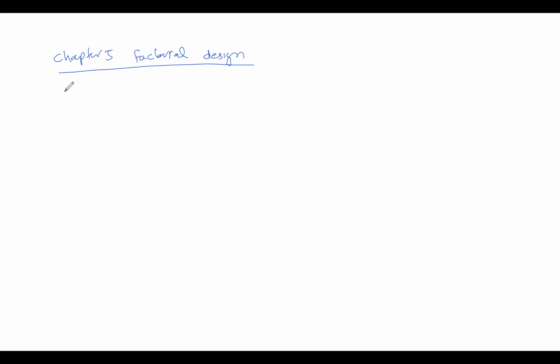For example, if we have 2 treatment factors, let's say one is A and the other one is B. And the first one maybe has some number of levels, any number of levels. Second one has any number of levels.